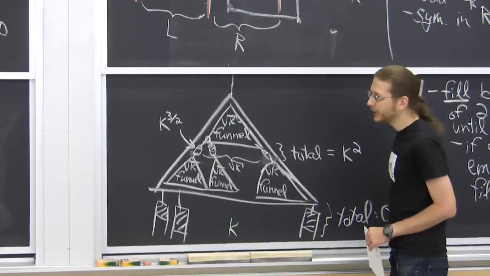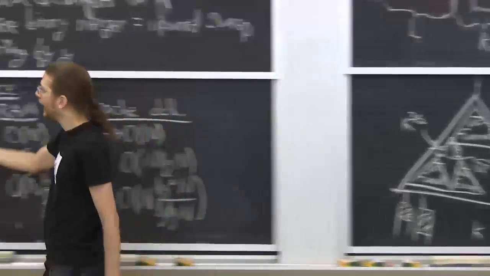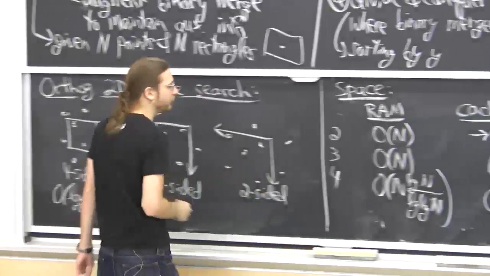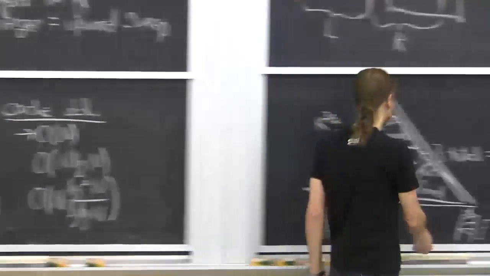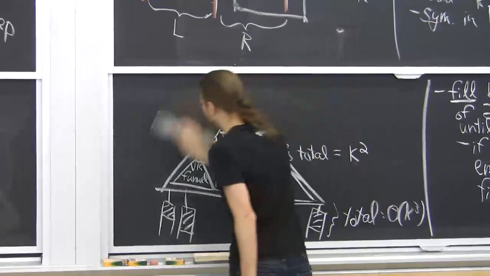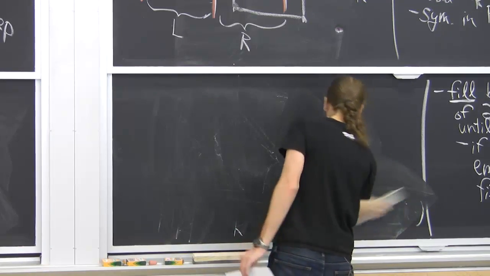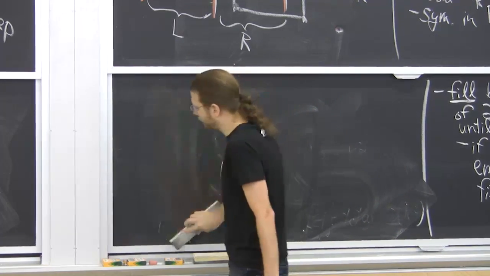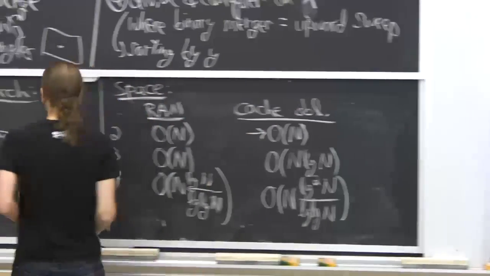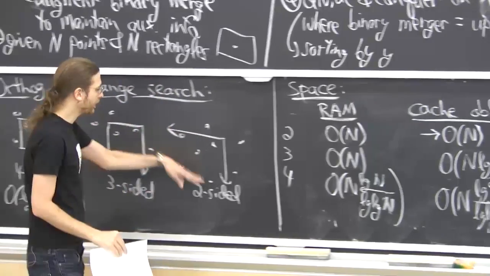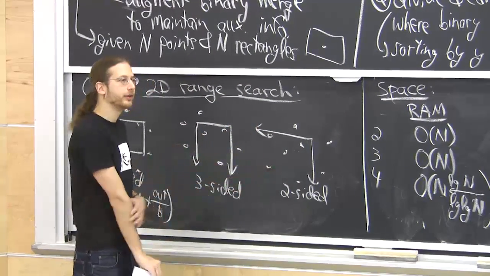We'll start with two-sided, and then we have existing techniques, once you have two-sided, to add on more sides. You may recall from the 3D range searching lecture that we're going to use those techniques and refine them a little bit to get that log factor. Way back at lecture 6 or so, we had a technique: once it was two-sided, every time we added a log factor in space, we could add another side.